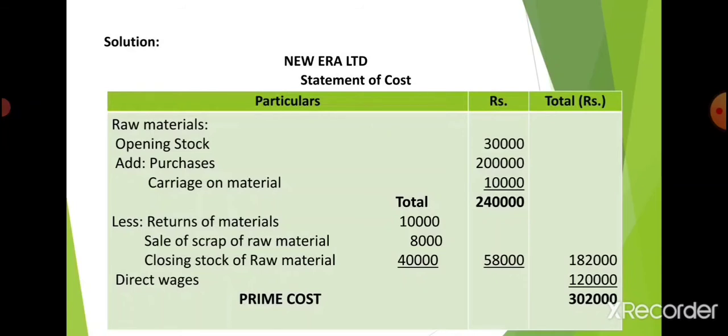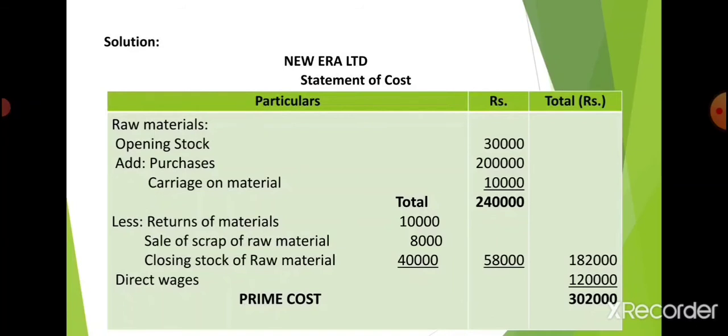If they have given scrap, we have to deduct it from the factory overheads. But they have given the sale of scrap of raw material, so we will deduct from the raw materials only 8,000, and closing stock of raw material 40,000. So total it will be 10,000 plus 8,000 plus 40,000. So 58,000 is the amount to be deducted from the total material amount.